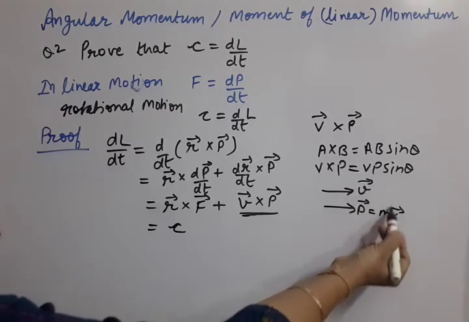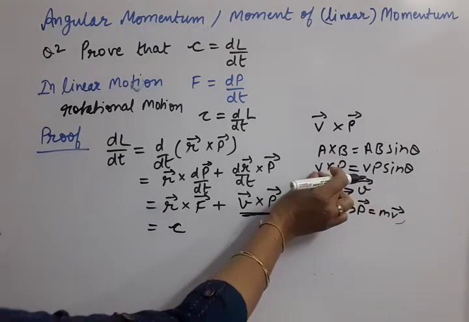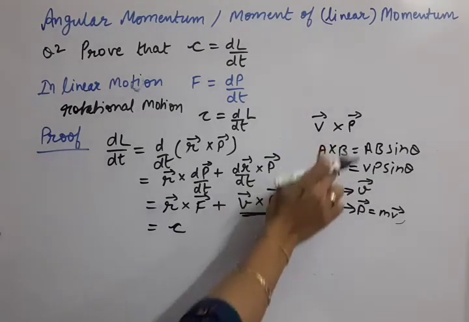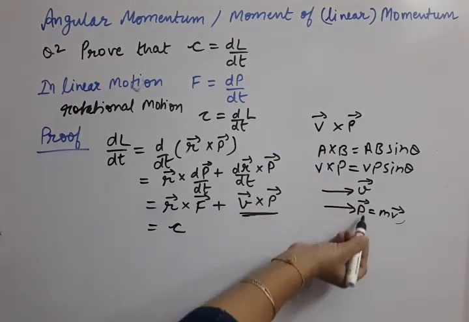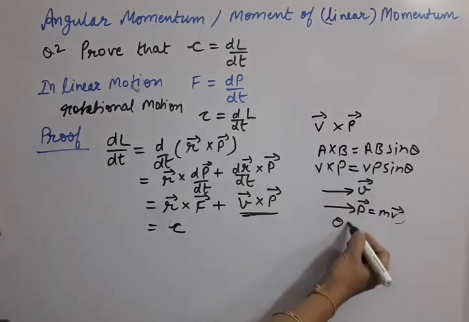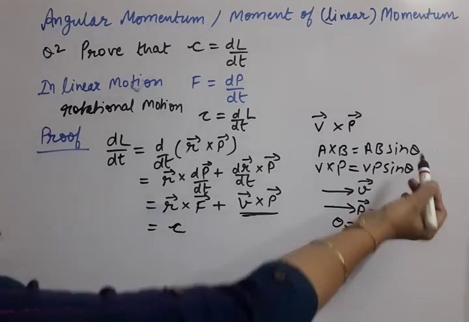So whatever is the direction of velocity, the same is the direction of momentum. So if A vector is velocity and B vector is momentum, both the vectors are always in the same direction. Same direction means theta is 0. So we need to put theta 0 here.